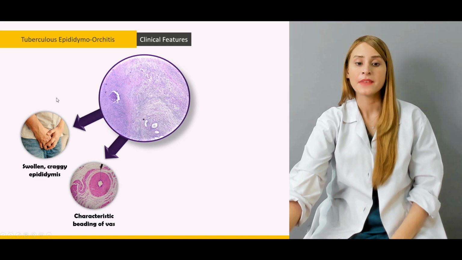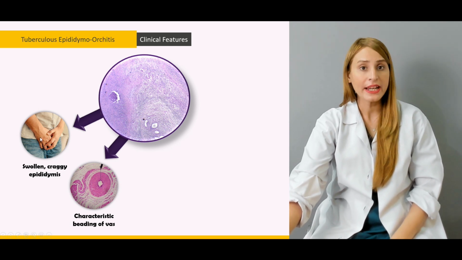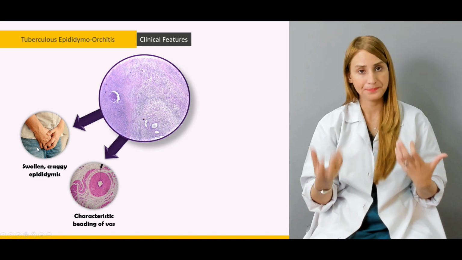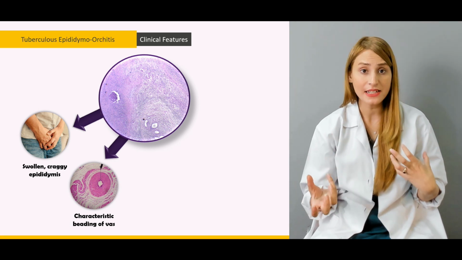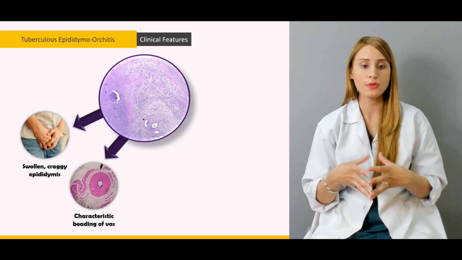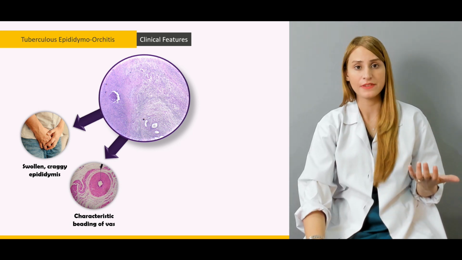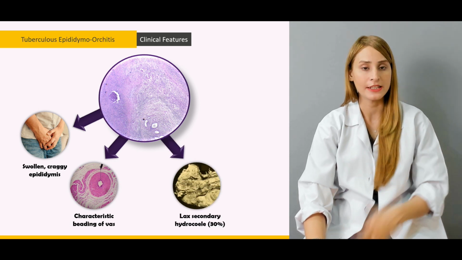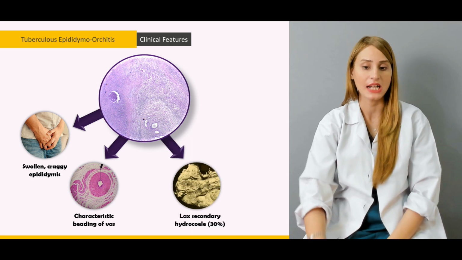And there would be a swollen, craggy epididymis, and obviously because of the extensive fibrosis, there would be beading of the vas as well. This is the typical characteristic finding you will find in the patient of the tuberculous epididymo-orchitis.